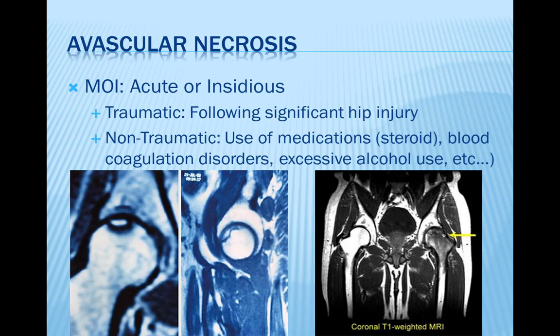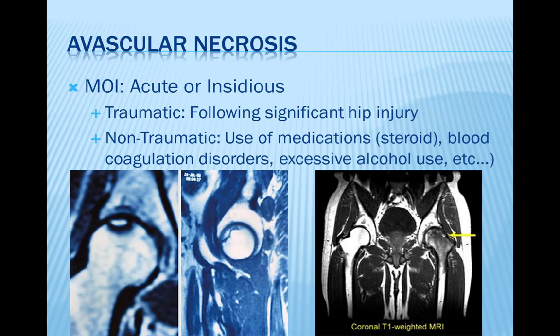Avascular necrosis of the femoral head is a pathological process that results from an interruption of blood supply to the bone. Avascular necrosis of the hip is poorly understood, but this process is in the final common pathway of traumatic or non-traumatic factors that compromise the already precarious circulation of the femoral head.